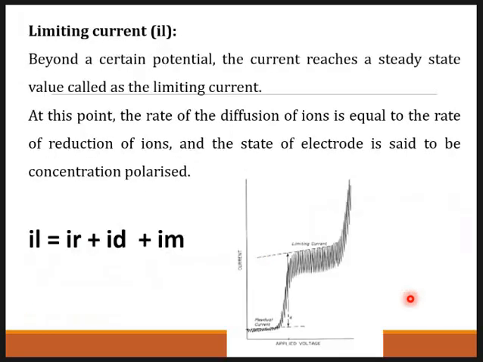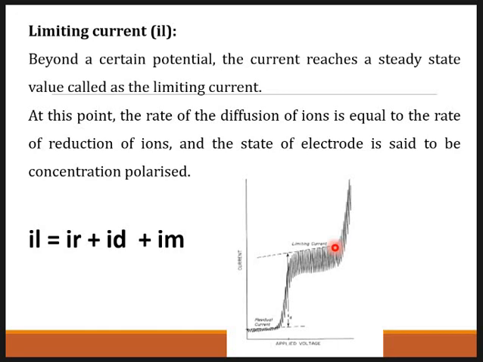The next current is limiting current. As you look at this diagram, the first one is residual current, the next one is diffusion current. The diffusion current starts increasing and it follows a straight line. Beyond a certain potential, the current reaches a steady state. This value is called the limiting current.